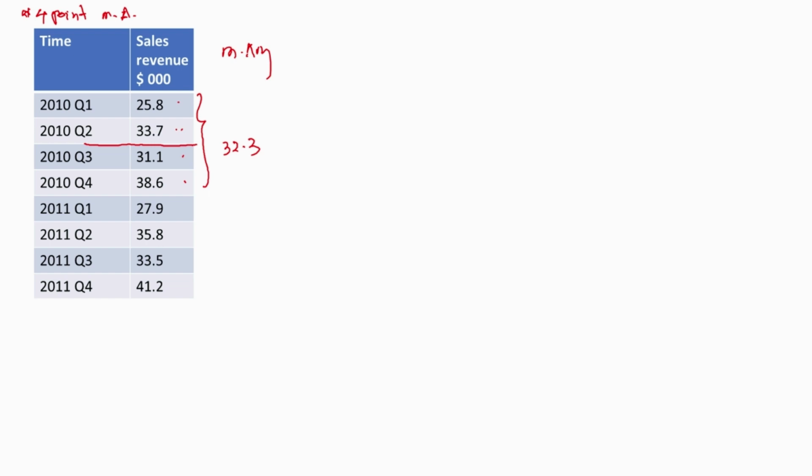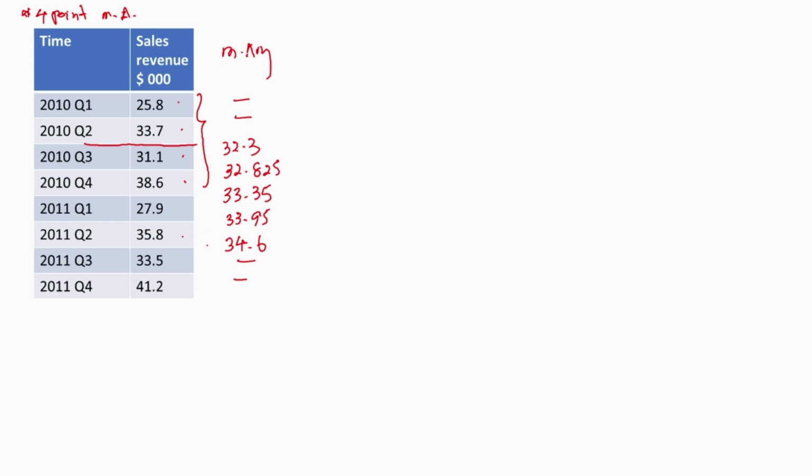First of all, let's calculate the first moving averages for this given data. So these are the 4-point moving averages. As you can see, we do not have averages for the first 2 points and the last 2 points, because in order to have a 4-point moving average, we have to have 4 values. So do not calculate averages with fewer than 4 points.